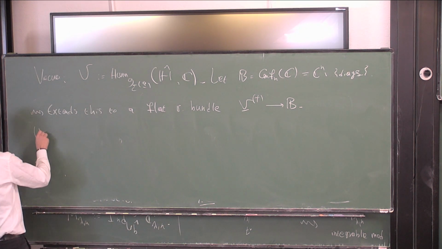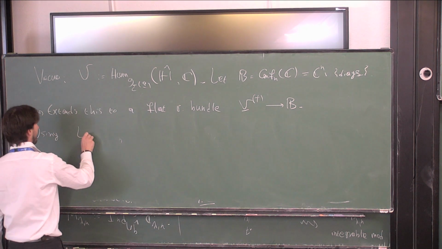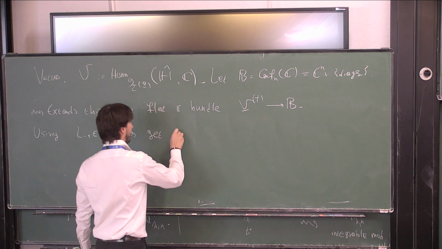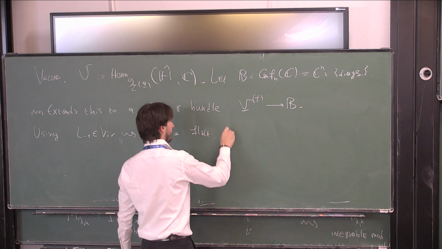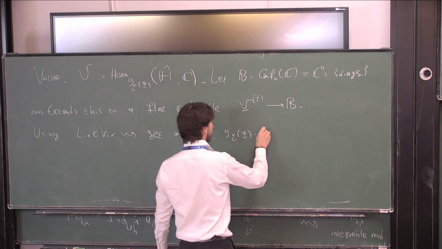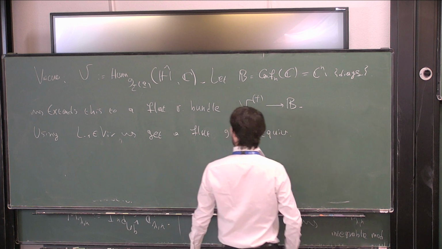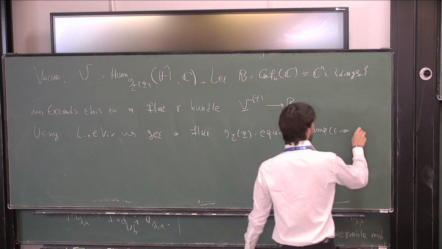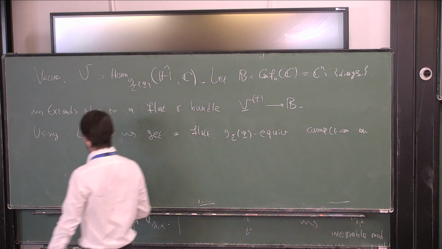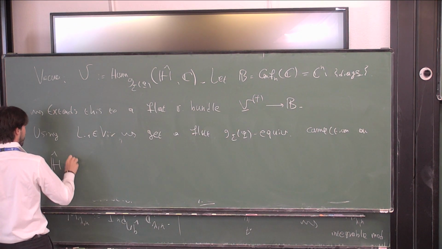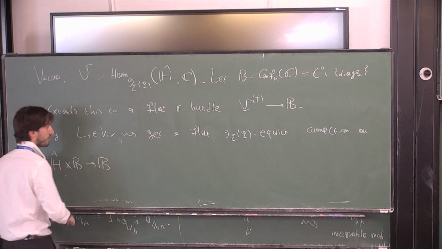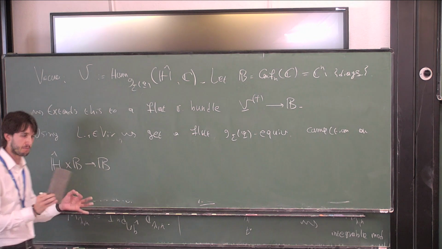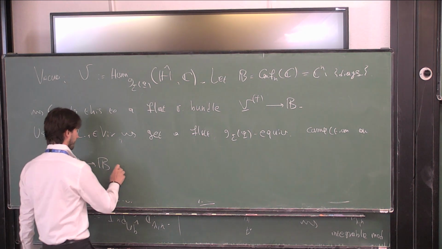So using L minus 1, an element of the Virasoro algebra, you get a flat connection, which is G sigma A equivariant, a flat Geo-Egger connection on actually the trivial bundle with this fiber, which then induces a connection here precisely because I'm taking the G sigma A invariant elements.